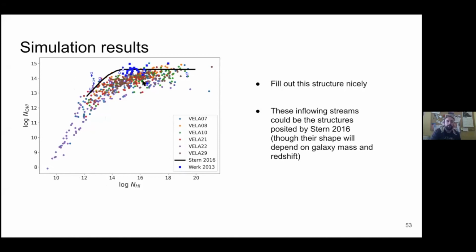And once it's declining, your amount of oxygen 6 stays constant because it's getting more dense while its fraction is declining. But you're going to get higher and higher density regions, and so get more of these low ion states as you go through. So this explains something that in Stern 2016 they had to propose as a phenomenological model that didn't totally check out.